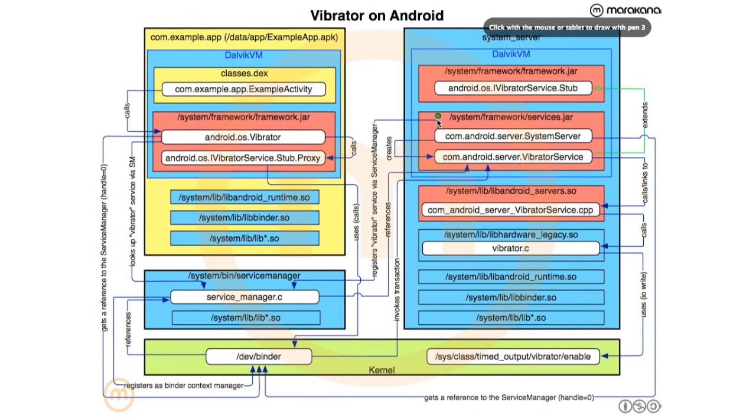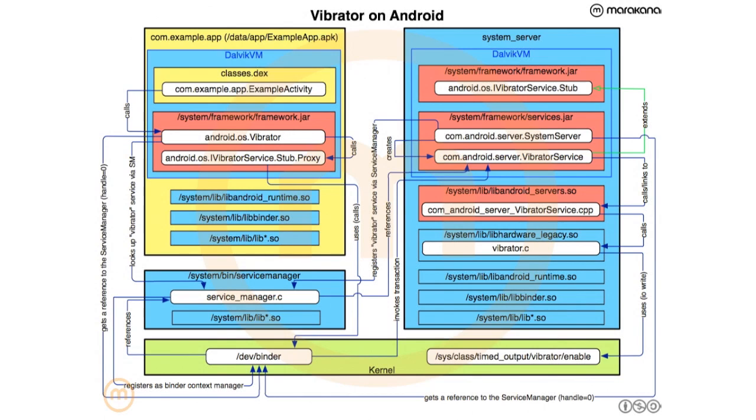Then the system server goes and says, hey, service manager, how about you remember where the vibrator service is? And essentially what happens is that now after this call, there's a pseudo pointer back to the vibrator service from the service manager. Okay? And this pseudo pointer is remembered under this name, vibrator. It's literally just a string, text.